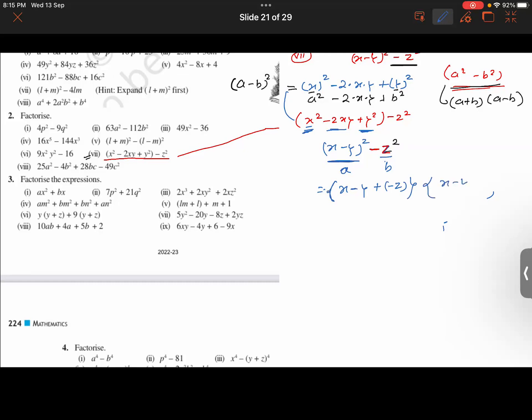That means x minus y minus minus z. Right now, any confusions? No. x minus y minus z. Then multiplied by x minus y, minus into minus, that is plus. So it's going to be plus z. So this is the required answer. Got it now? Arhan, is it clear? Yes, sir, I got it too. Yes, Ahmed.